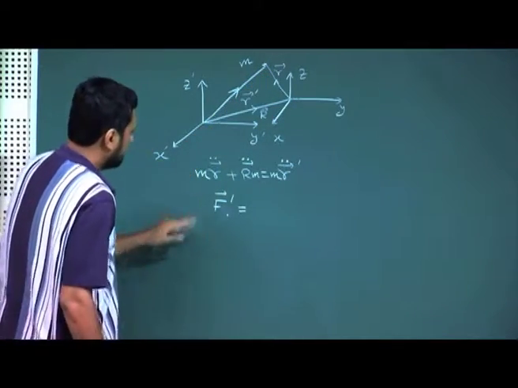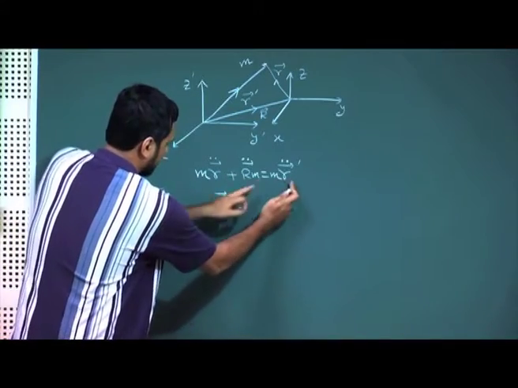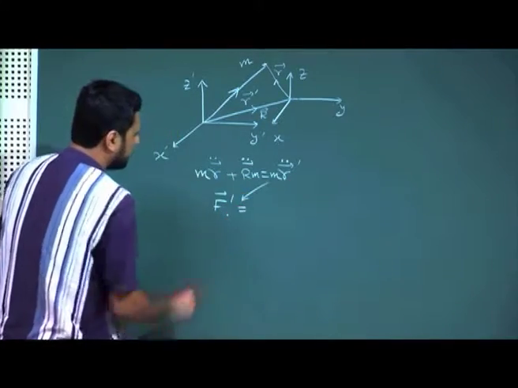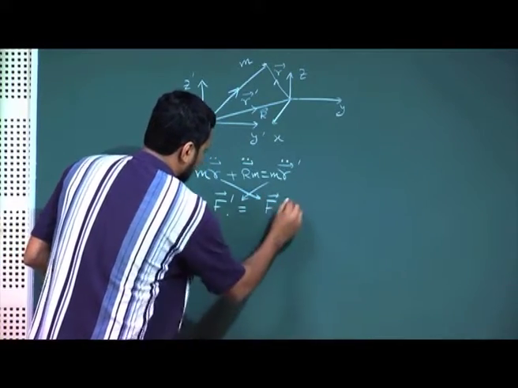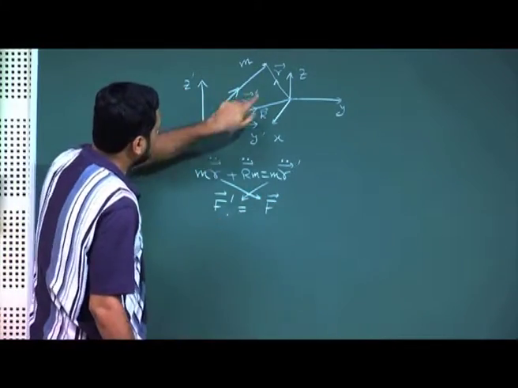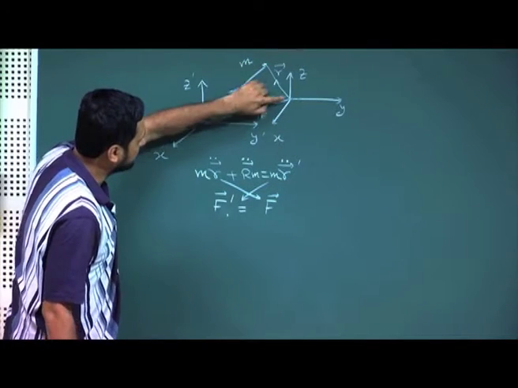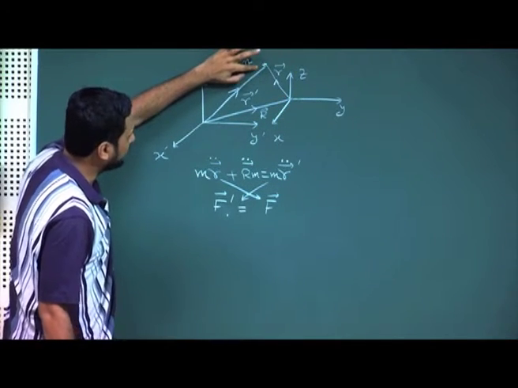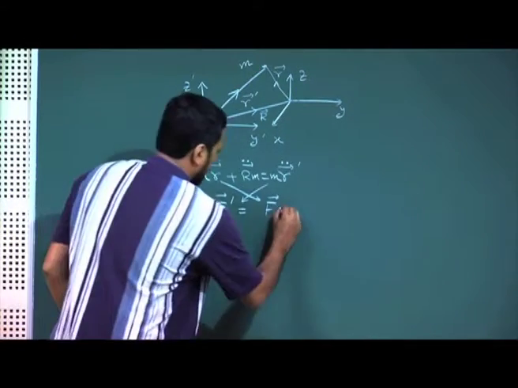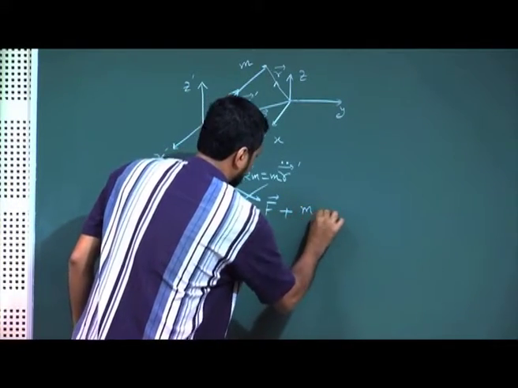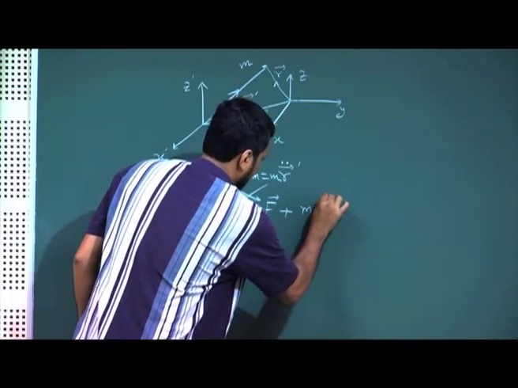Similarly, this one will give the force which is measured from this particular frame acting on this particular object. And of course, there is this additional term m R double dot.